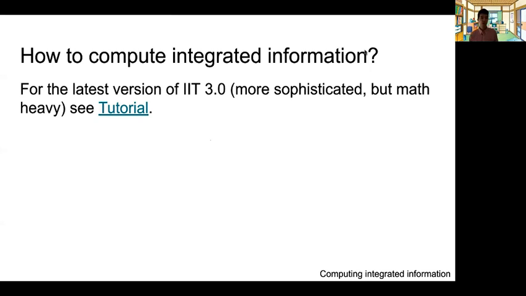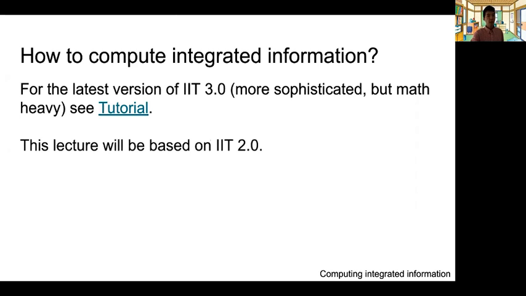If you go to this tutorial video, you will see exactly how it's computed, at least for very, very simple systems. But this week, I'm going to give a lecture based on the previous version, called IIT 2.0, because it has an easier way to explain the concepts.